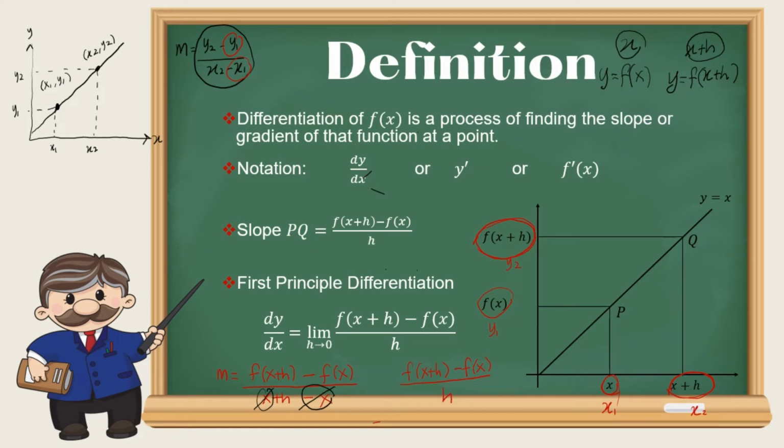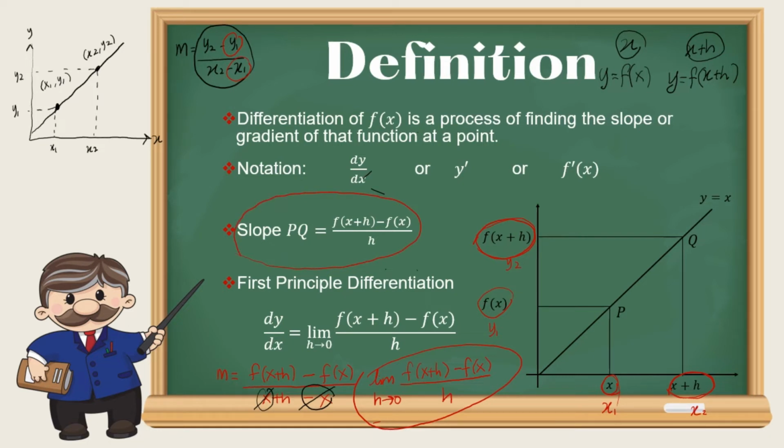Okay, it comes from the formula of gradient, and we will find the limit of this function when the value of h approaches 0. So this one is called the first principle of differentiation, where the first principle of differentiation actually comes from the formula to find the slope of the function.